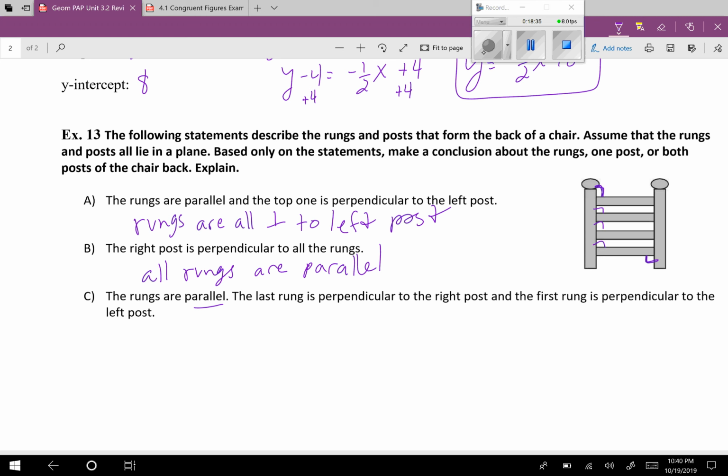And that applies on both sides here, because we know that all of these posts are parallel to each other. And so since the rungs are all parallel here and we have them perpendicular on both sides, we can say that the rungs, all rungs, are perpendicular to both posts.